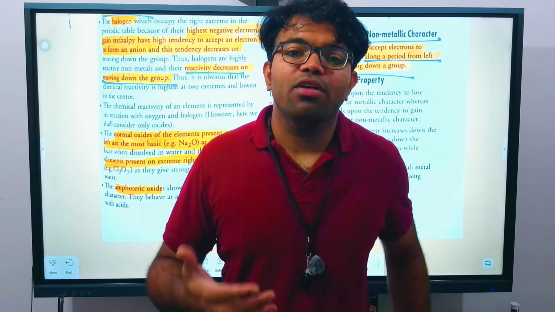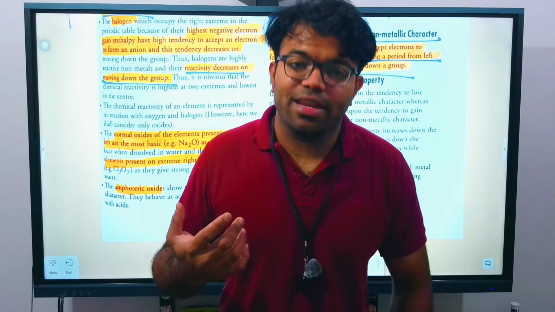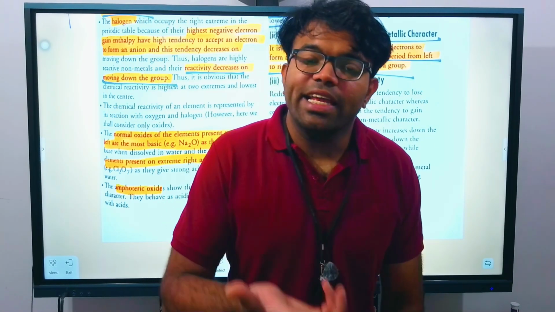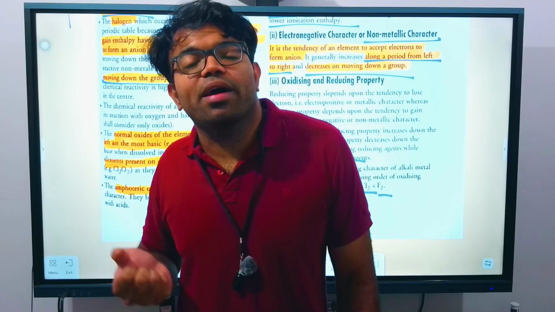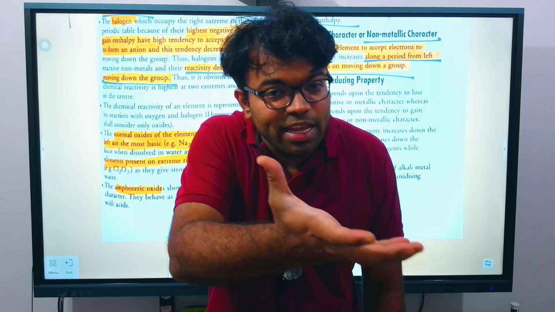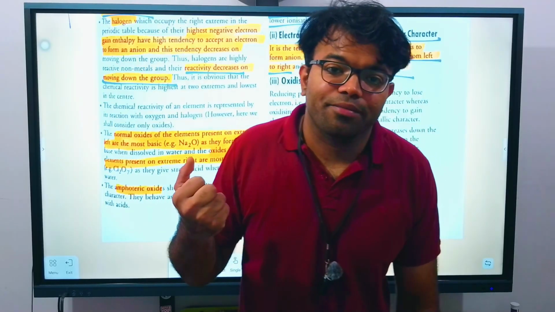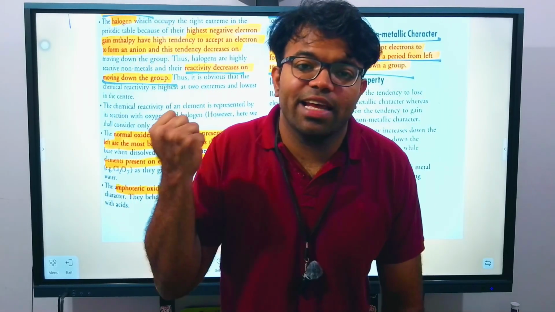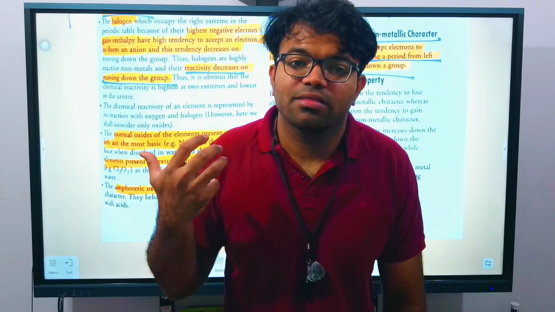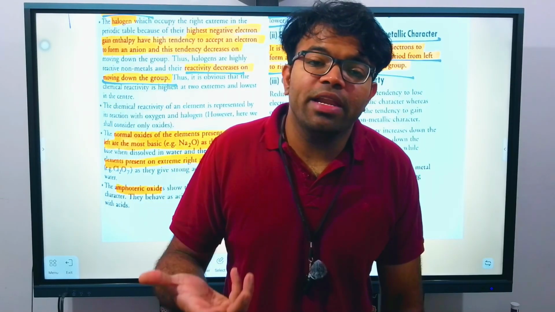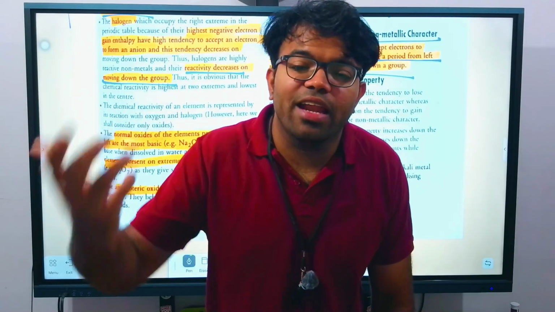If you have a more electronegative atom, it can easily take the electrons from another element. So, what happens then? If you can easily take the electrons, your ability to oxidize another element actually improves.